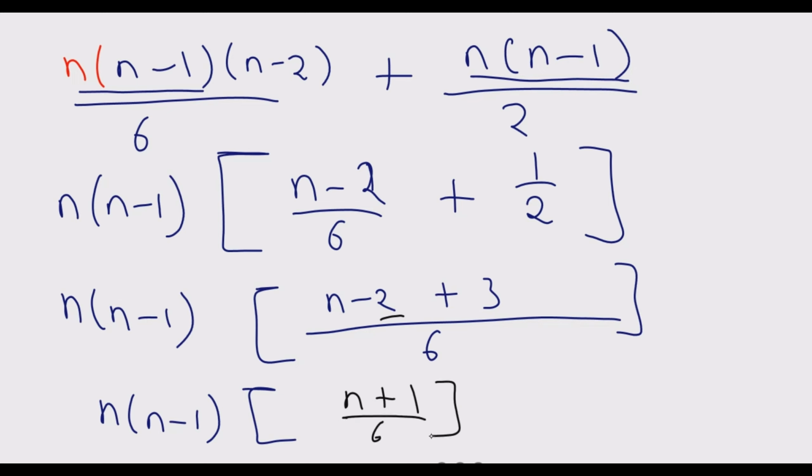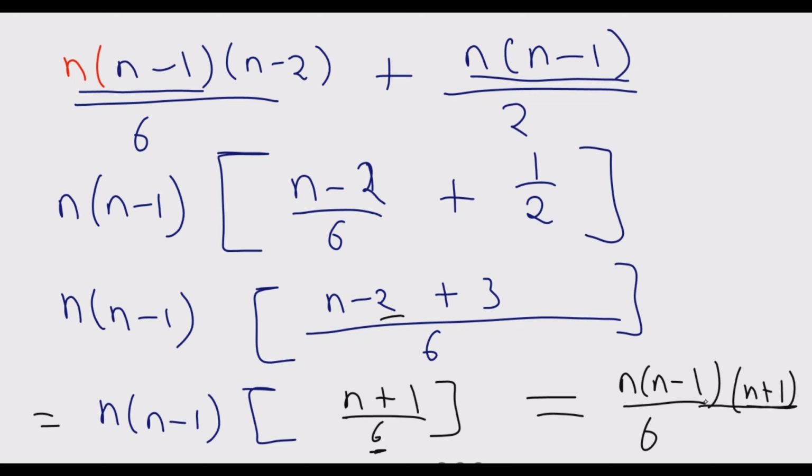Then at this point we need to simplify this. So this is going to be n minus 1 over 6, then multiplied by n plus 1, because this is a denominator, so this is over 1, so 1 times 6 is 6, the numerator multiplied by the numerator.